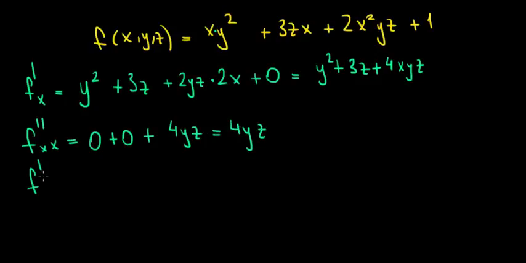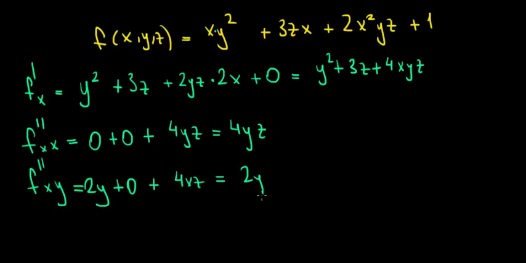What else? The derivative with respect to x and with respect to y. Okay, with respect to y squared derivative with respect to y is just 2y, plus 3z derivative with respect to y is just 0, and 4xyz derivative with respect to y is just 4xz, which is the constant.